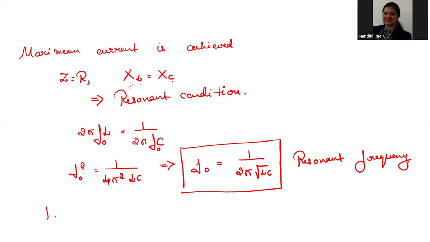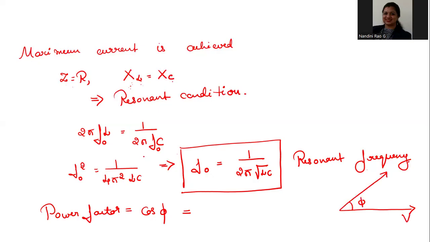Also, there is a term power factor. Anybody? What is power factor? Cos phi. What is that phi actually? Any idea? Correct, angle between V and I. All are vectors.